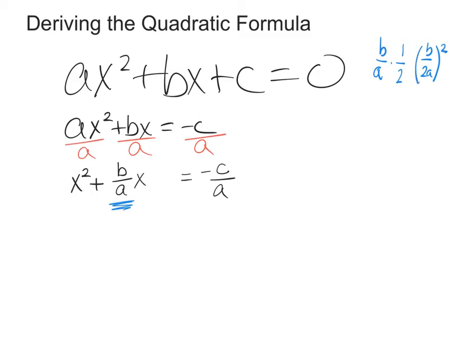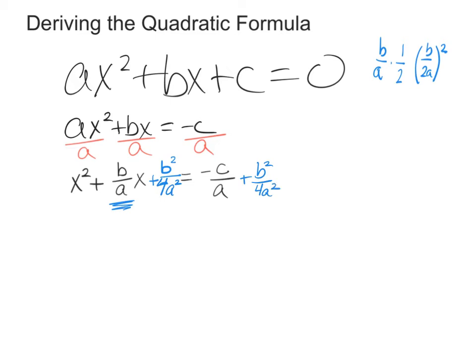So if I square it, that's going to give me b squared divided by 2a squared, well, 2a times 2a is going to give us, let's erase this here. Oh, it won't let me erase it. So I'm going to just put a 4a squared. But if I add it to the left side, I have to add it to the right side.